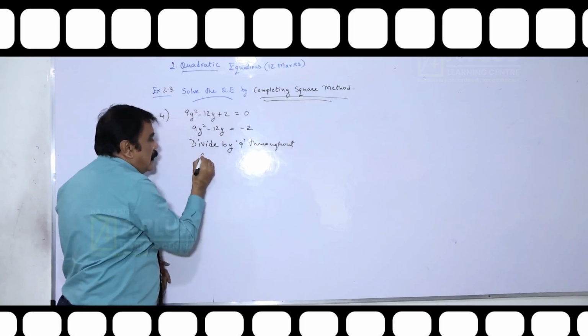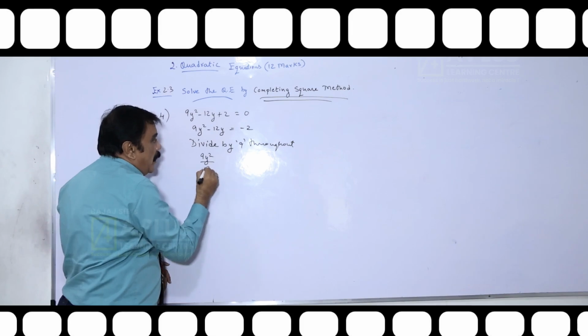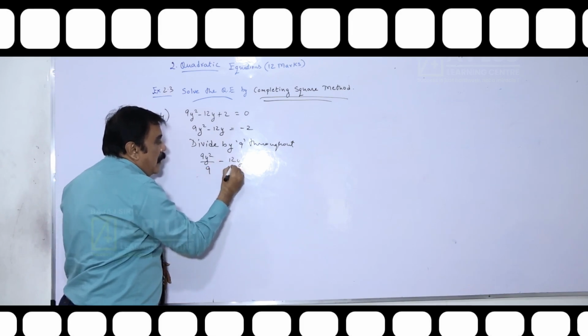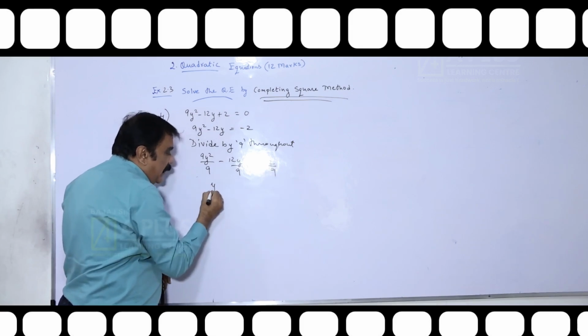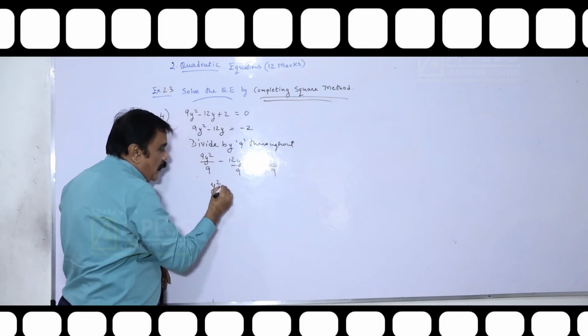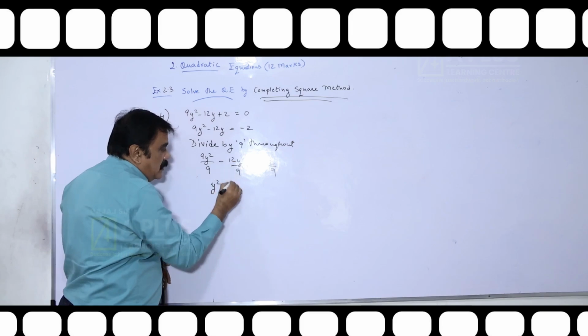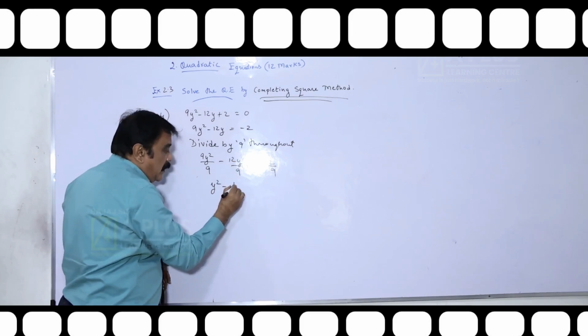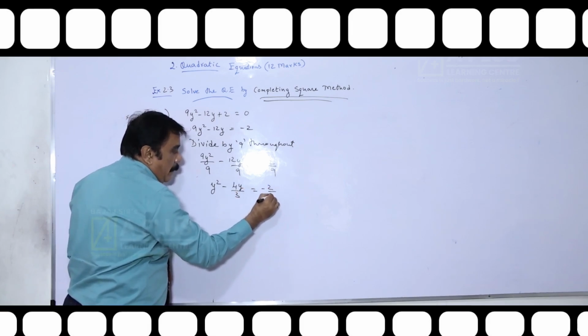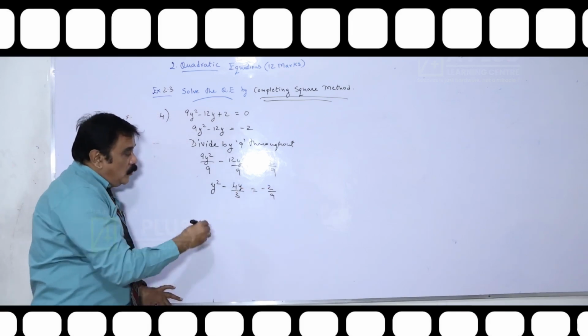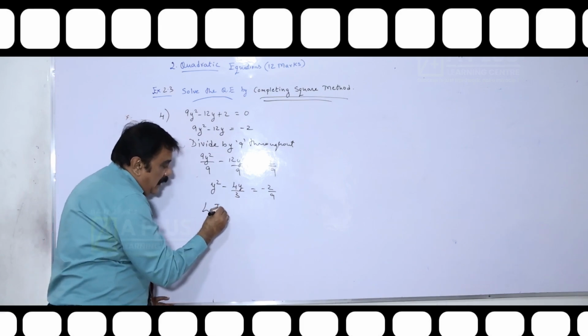What will I get? See here, 9y square upon 9 minus 12y upon 9 is equal to minus 2 by 9. Now here 9 and 9 will cancel, y square, and 12 and 3 will give you minus 4y upon 3 is equal to minus 2 by 9. Now very simple, find the last term. What is the last term?